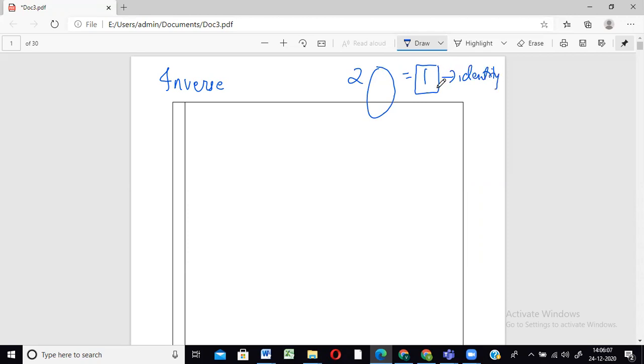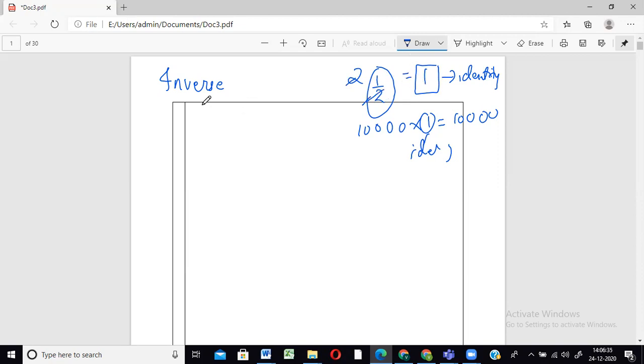Identity means any number you multiply with 1, you will get the same number. 10,000 you multiply with 1, you're again going to get the answer as 10,000. 500 you multiply with 1, you're going to get the answer as 500 only. So this 1 is called the identity. So 2 with what number should I multiply so that I get identity? The only possible way is when I multiply it by half, right? Only then 2 gets cancelled and 1 remains.